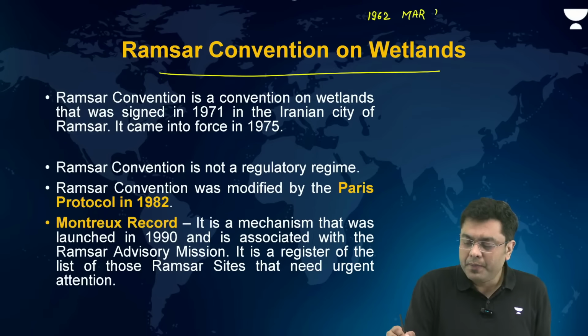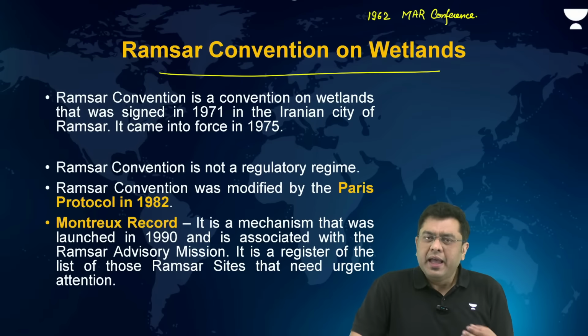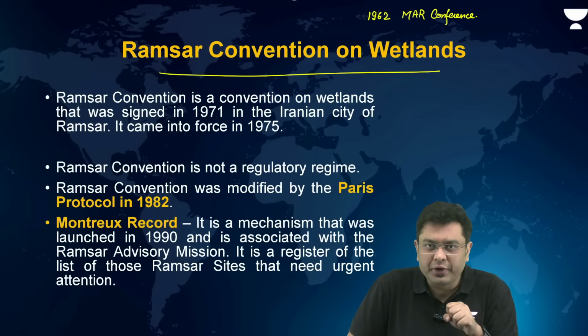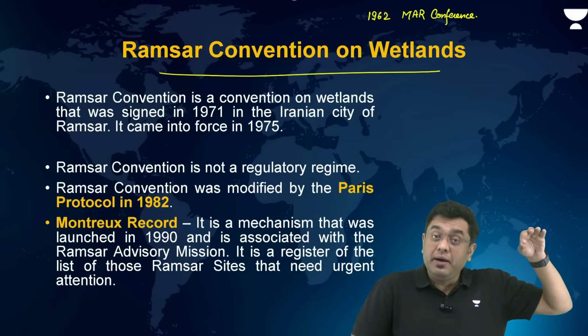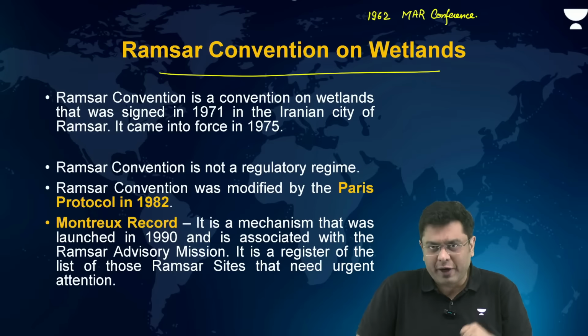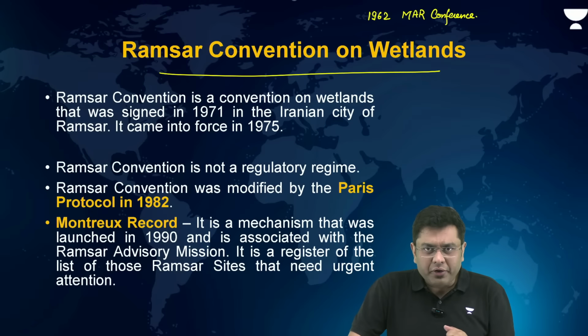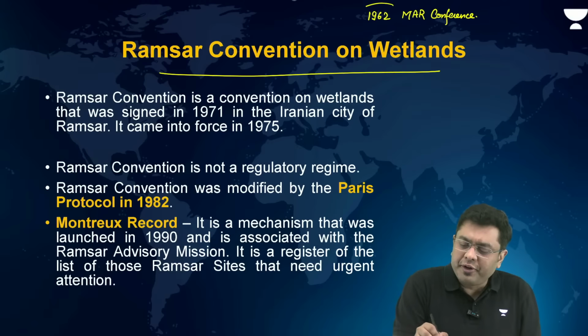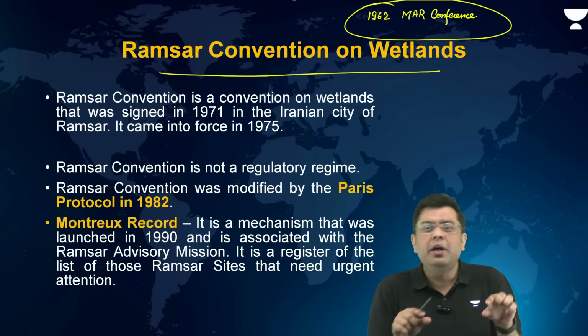This is where various scientists, activists, and NGOs came together and talked about the importance of conserving and protecting the marshes, the bogs, the wetlands, the lakes, the ponds, if we wanted to conserve the biodiversity, that is the waterfowl species. For example, the Siberian crane, the sociable lapwing, all these kinds of migratory species. So that is when it was held for the first time. That was the Mar Conference. Here Mar stands for marshes.